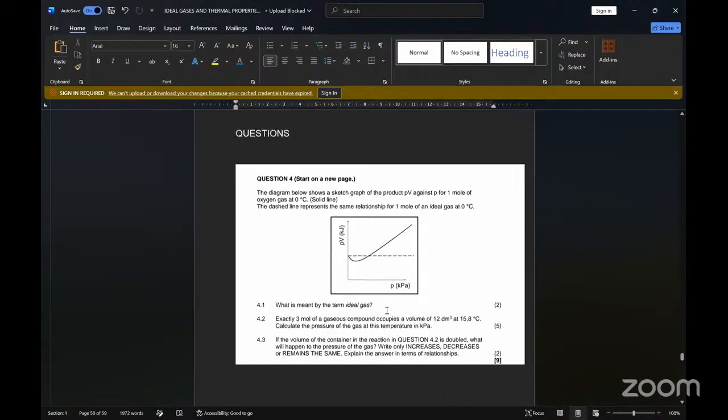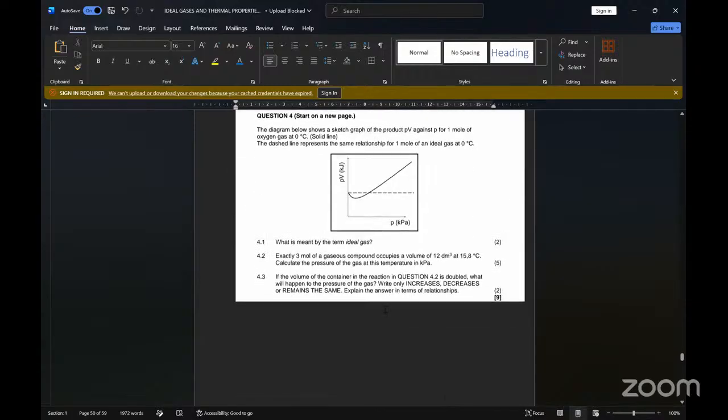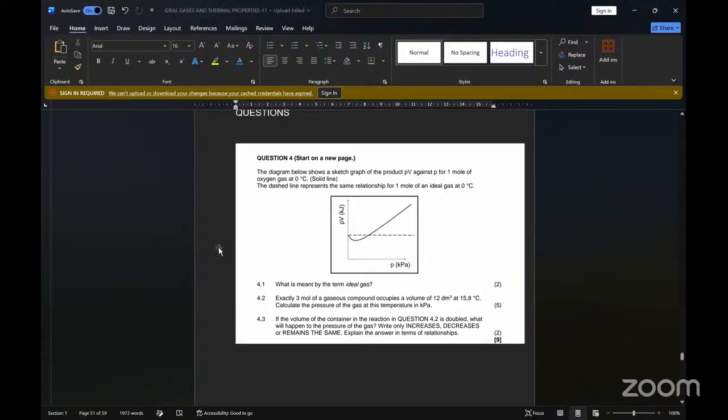Now let's just answer one more question and then we call it a day. This one says the diagram below shows a sketch of the graph of PV against P for 1 mole of oxygen gas at this temperature.